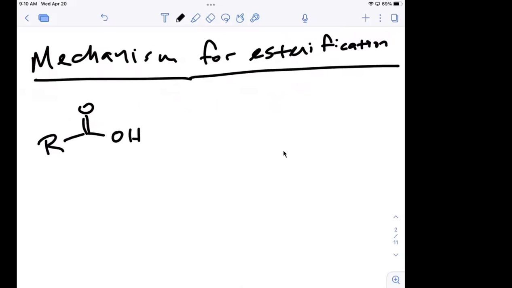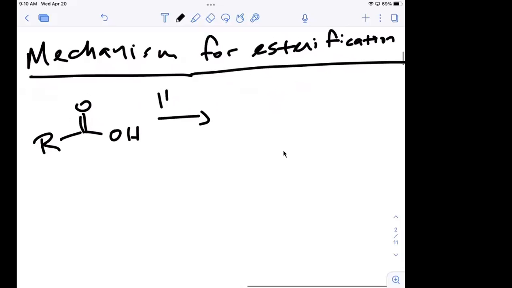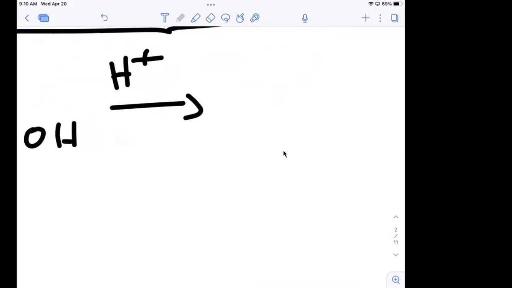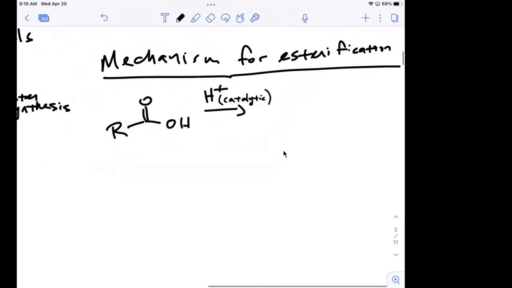Right. And again, it says in the presence of an acid catalyst. Usually it's a strong acid like sulfuric acid, maybe a drop or two of sulfuric acid. But the acid is catalytic, right? So that means it doesn't react. It's only there to facilitate the addition to the carbonyl.